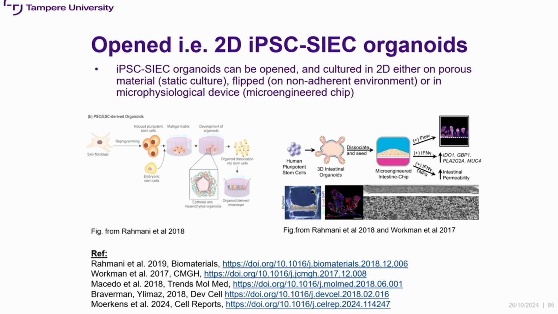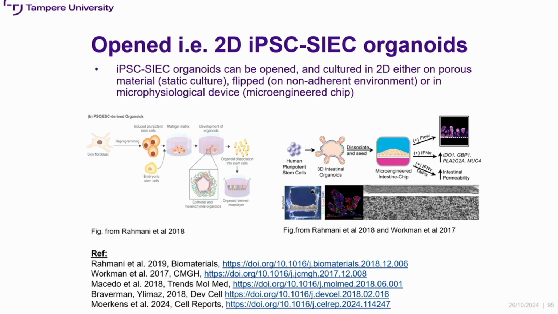The organoids can be also opened and then cultured on planar structures, so that the luminal part can be exposed easily to the environmental triggers.